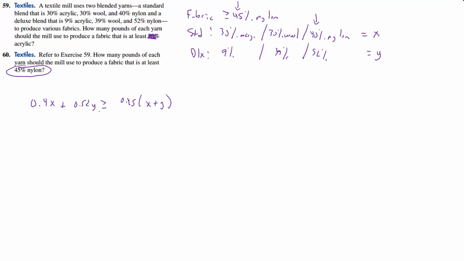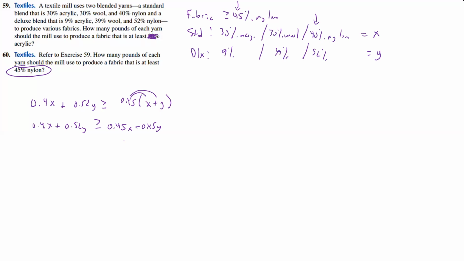Now we just have to simplify. And so we're going to distribute here. So we'll have 0.4x plus 0.52y greater than or equal to 0.45x plus 0.45y. Now let's get the y's on either side, or the x's on either side, and figure out what we've got here. Let's see which way looks better.